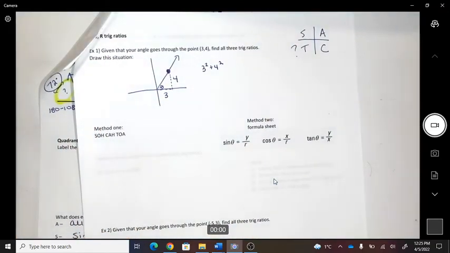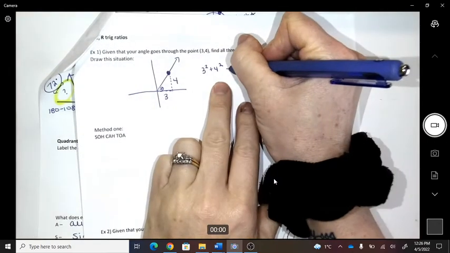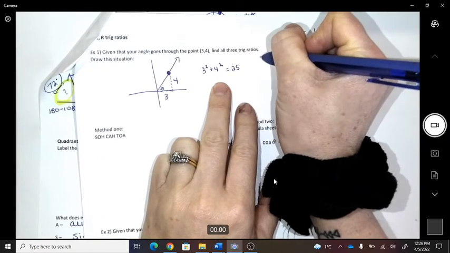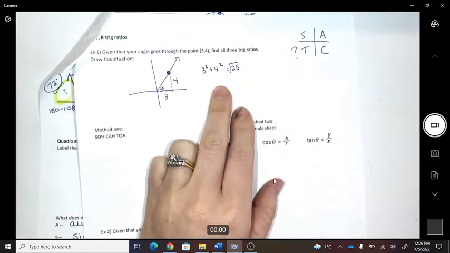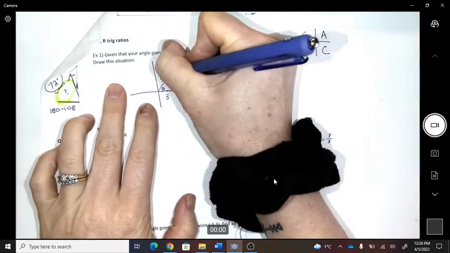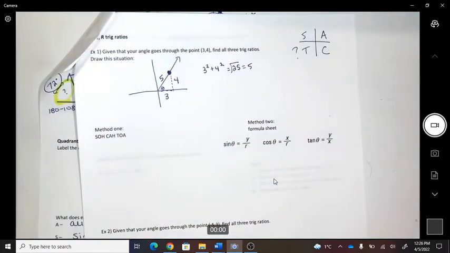Pythagorean theorem? Okay, are we getting this to be 25? And then if I square root it, does it make something perfect? Yeah. 5. If it doesn't make something perfect, I'm just going to leave it root 25. Okay, but in this case it did.